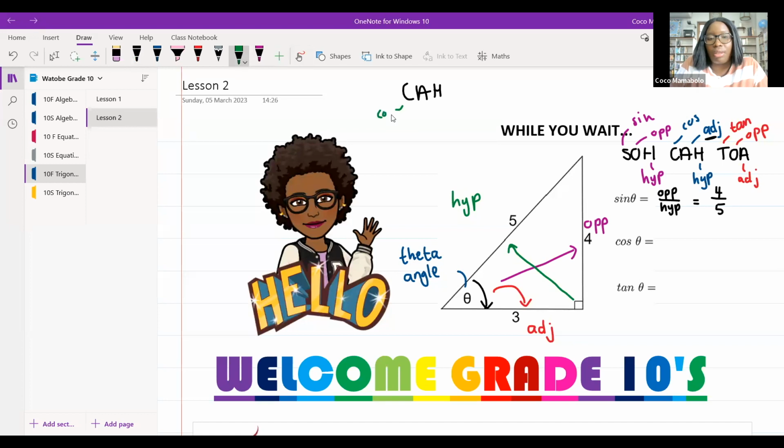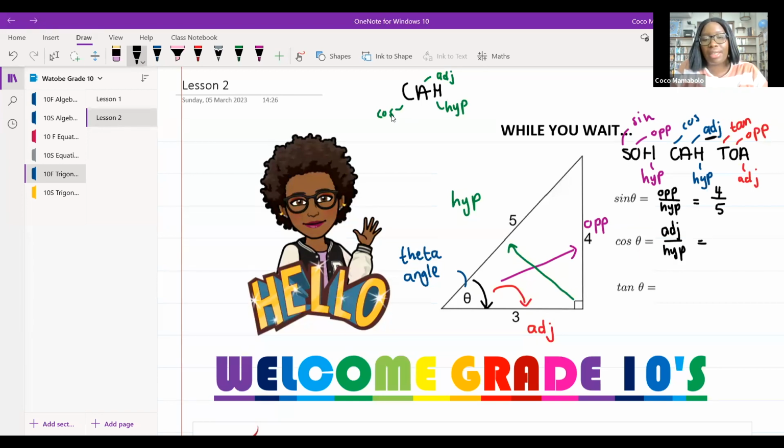Cos is going to be, what does the A stand for? A stands for adjacent. Good. Adjacent over, H is? Hypotenuse. Good. So my cos is adjacent over hypotenuse.